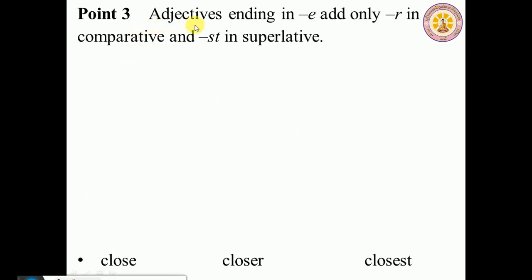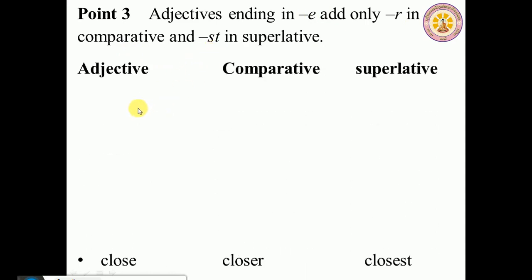Okay, for adjectives, point number 3: adjectives ending in -e add only -r in the comparative and -st in the superlative. If the adjective already has -e at the end, just add only -r in the comparative and -st in the superlative.